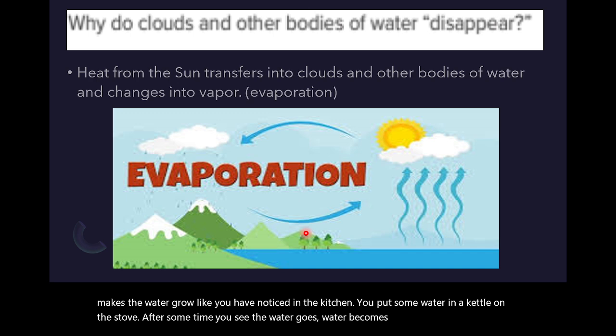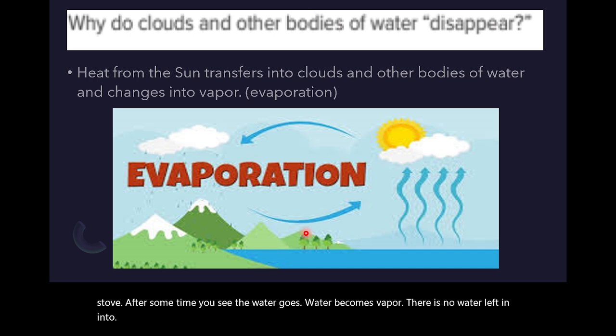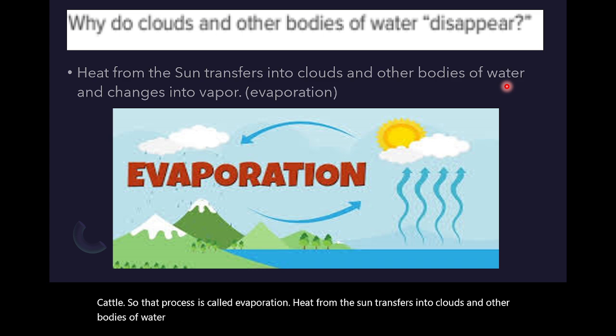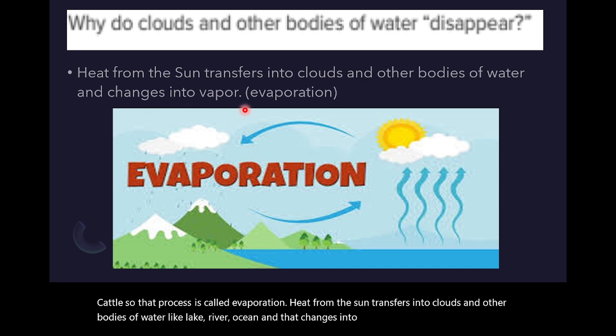There is no water left in the kettle. So that process is called evaporation. Heat from the sun transfers into bodies of water like lake, river, ocean, and that changes into vapor. That change into vapor is called evaporation.